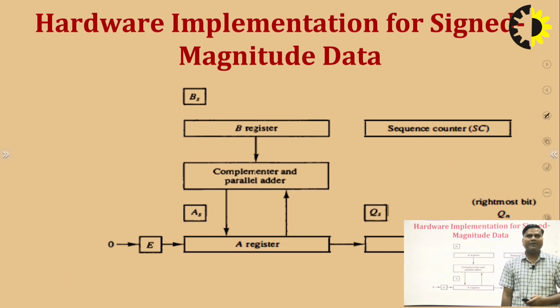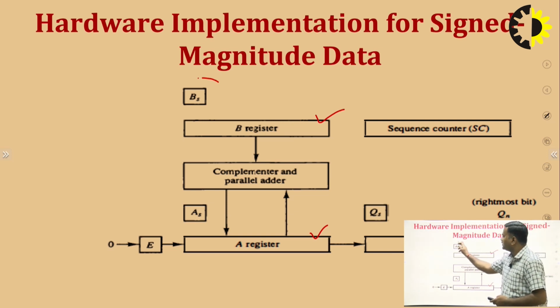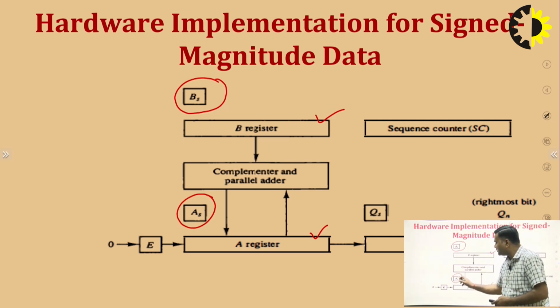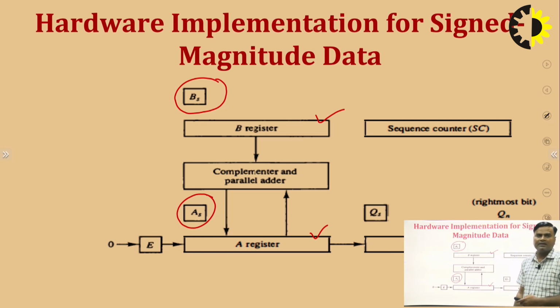This is the hardware implementation for sign magnitude data, in which we can see that we have 3 registers, that is B register, A register and Q register. The B register has a 1 bit register called BS, which acts as a flip flop. For register A, AS is a 1 bit register, also a 1 bit flip flop.